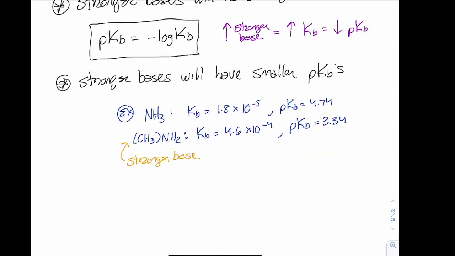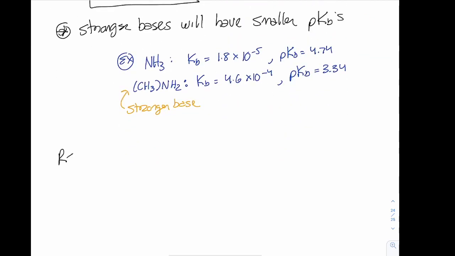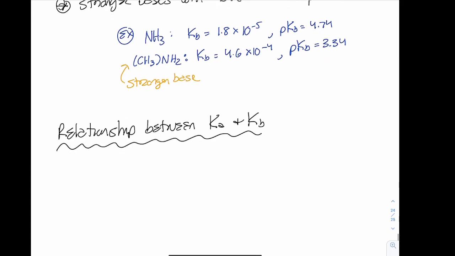There is a relationship between Ka and Kb. And the relationship is that if you multiply the two by each other, you actually get Kw.